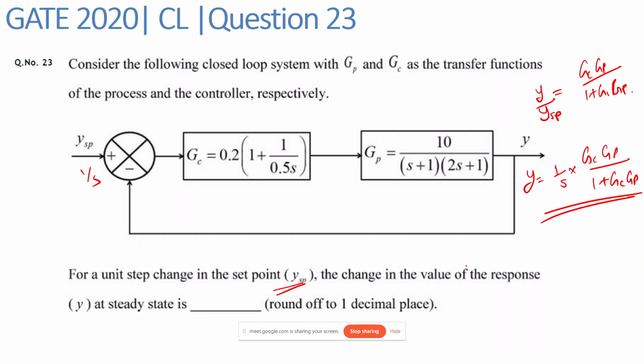And then we have been asked to find the change in the value of response at steady state. That is basically we have been asked to find Y at the final value, that is Y infinity. Let's quickly take a look at the video solution.